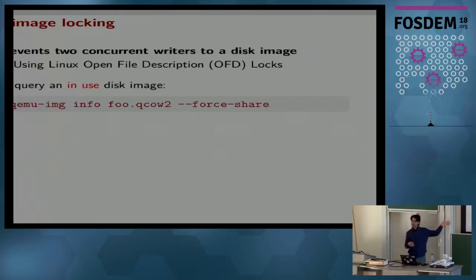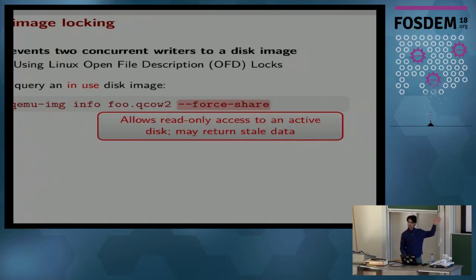So to query an in-use disk image with recent QEMU versions, 2.10 or so, you have to specify the force share option. For example, if a disk image foo.qcow2 is already in use and you want to query it for read-only information, you supply that force share flag, and then read-only access is allowed while writes are happening.